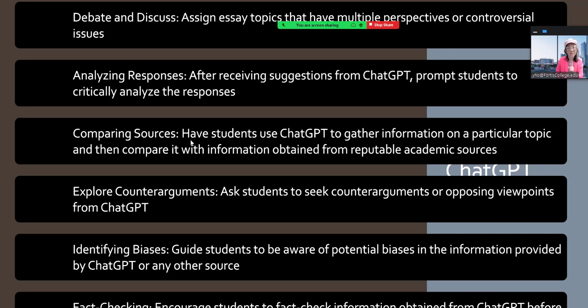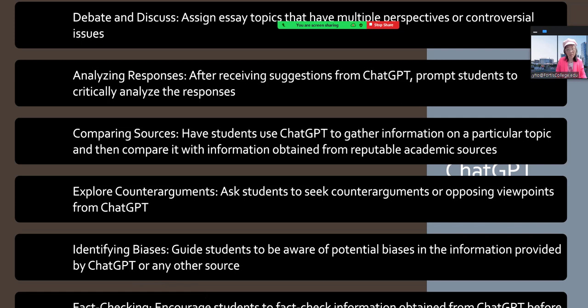But ChatGPT is great for brainstorming ideas, as well as counter-arguments. So ask students to seek counter-arguments or opposing viewpoints from ChatGPT. Guide students to be aware of potential biases in the information provided by ChatGPT or any other source.